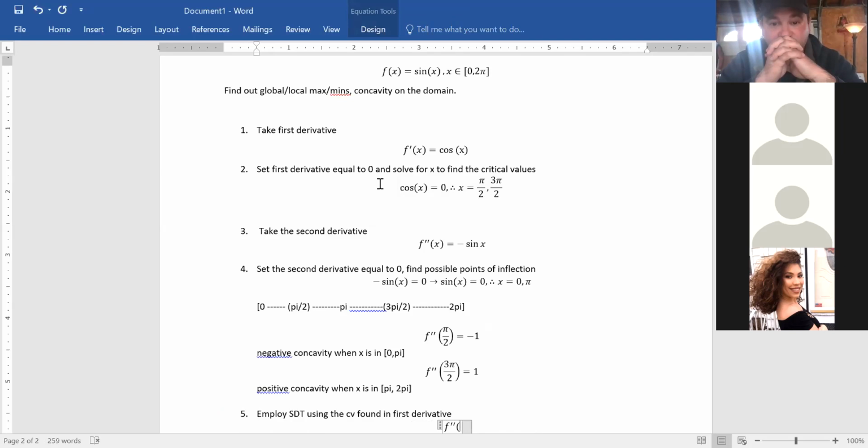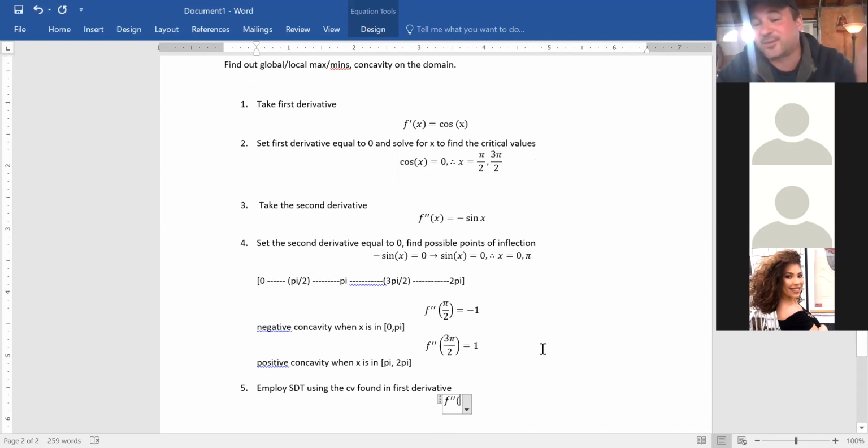I already plugged those in. They happen to be the numbers I picked. That was by chance, actually. All right, so we've already tested these numbers out. These happen to be the critical values as well. And we already know what the signs are. Very lucky choices that I made. It would have worked if I picked any other number. I didn't realize I was picking those.